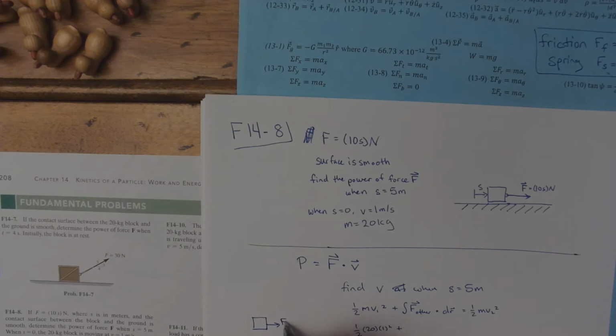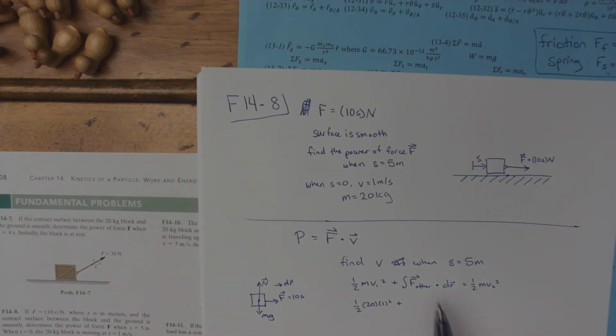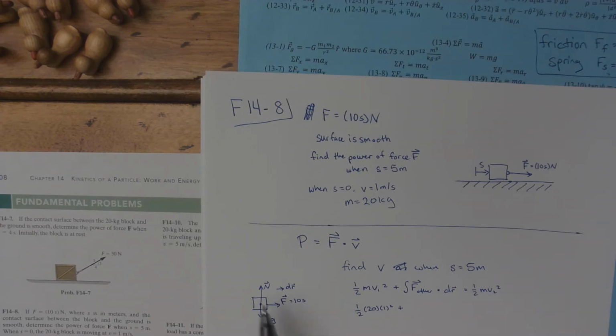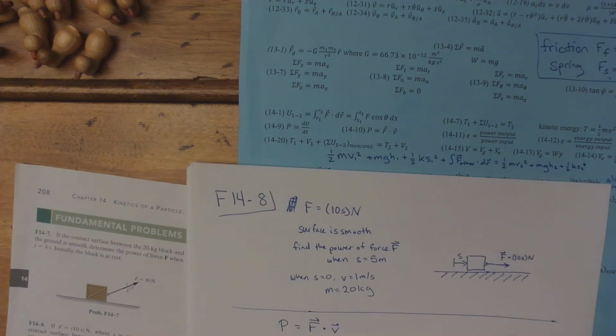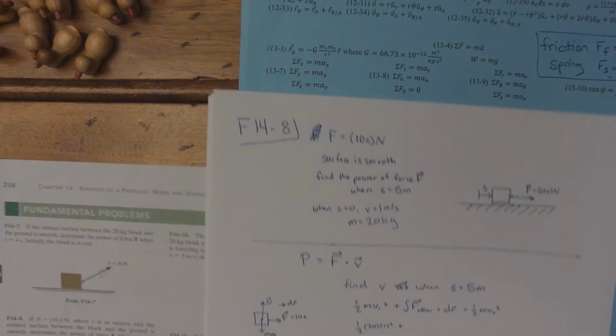We have this force, which is equal to 10s, acting to the right, and of course I have a force of gravity acting downwards and a normal force acting upwards, but because the displacement is to the right, the dot product between the normal force and the displacement is 0, so that doesn't contribute at all to the work done, and the force of gravity doesn't either because it is perpendicular to the displacement, but I don't really even need to think about that because I already considered the gravitational potential energy.